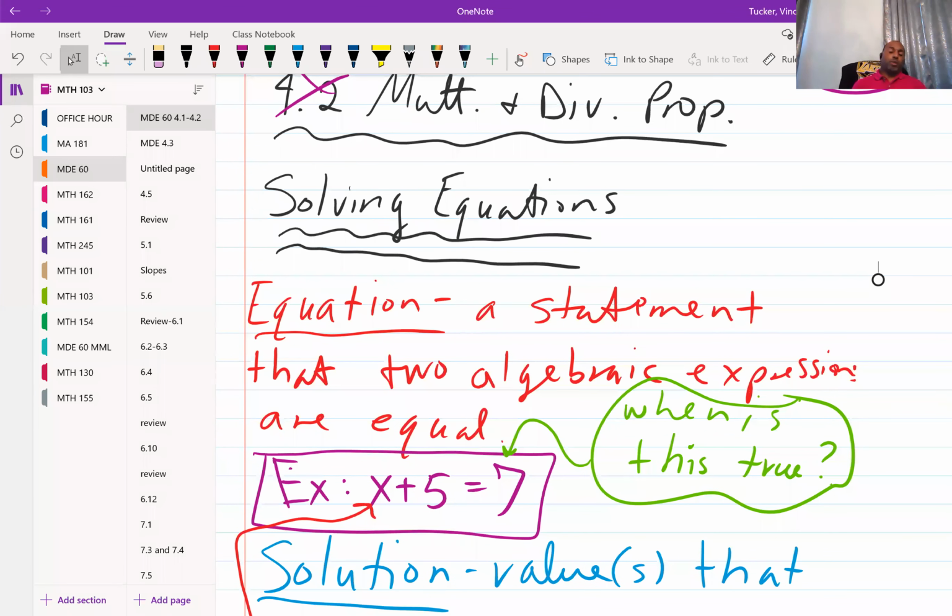So first of all, make sure we're good with what an equation is. An equation is a statement that two algebraic expressions are equal. So a simple example of an equation is x plus 5 is equal to 7.